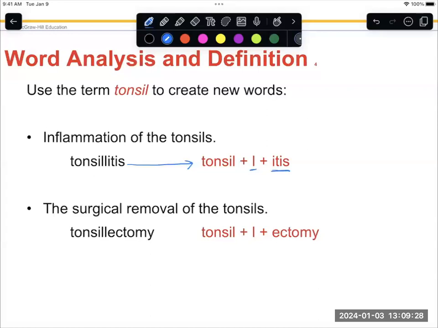Tonsillectomy, again, we add that extra L before that suffix, ectomy, giving both of these words, tonsillitis and tonsillectomy, that double L.